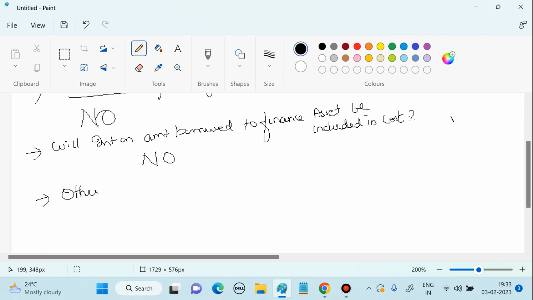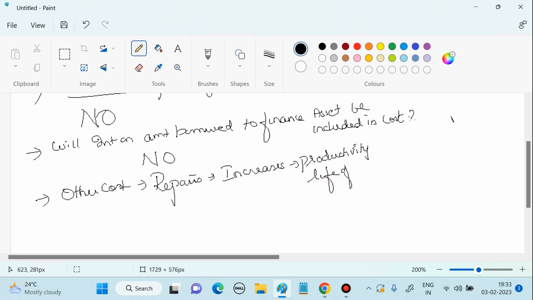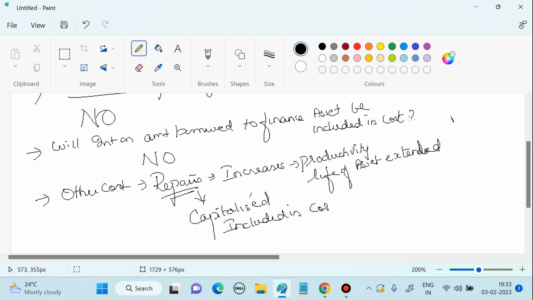Yeah. Then another cost that would be included in the cost of an asset is this: if you make some repairs which increase the productivity or the life of that asset gets extended, then that repair cost has to be capitalized, meaning it should be included in the cost. For example, there's a machinery.